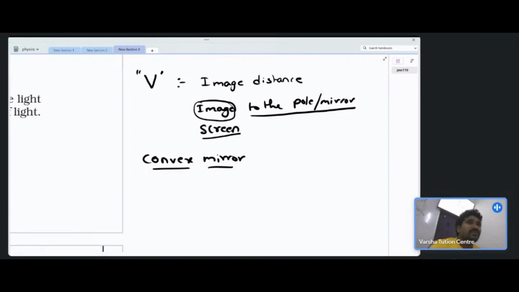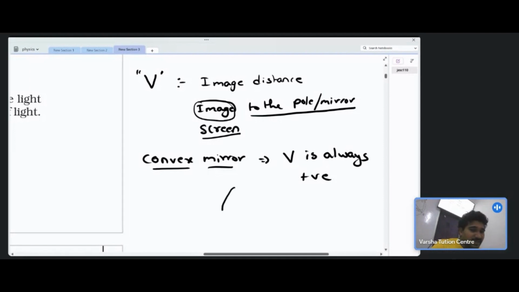Since it is a virtual image, V is positive all the time. Keep in mind, for convex mirror, V is always positive.